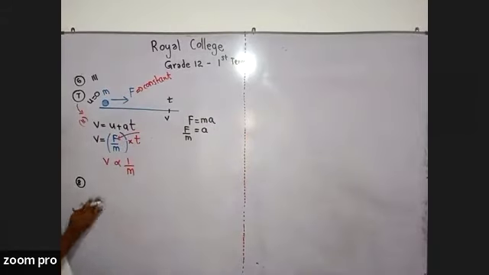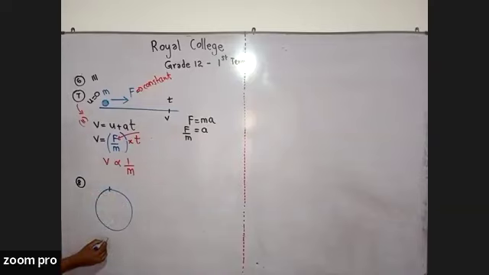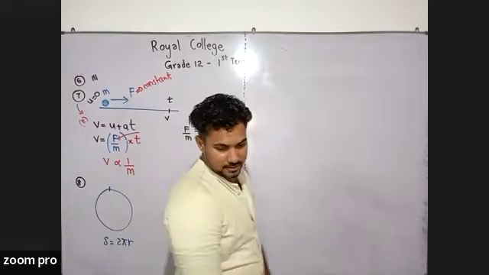So let's consider this track. The track looks like a circular shape. If a student completes one round, the distance traveled by the student is equal to 2πr, that is equal to the circumference of the circle, isn't it?